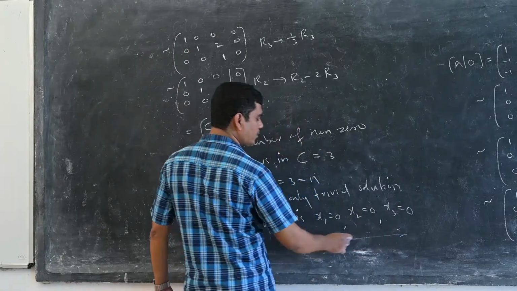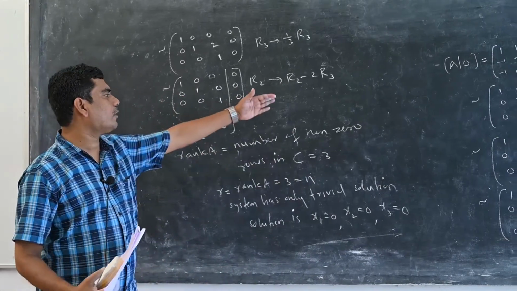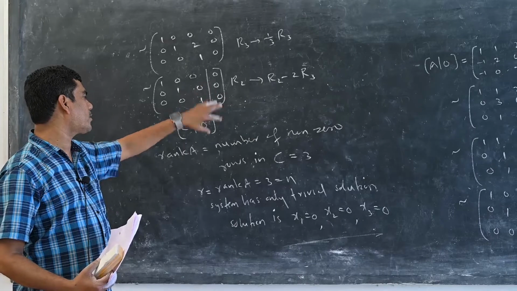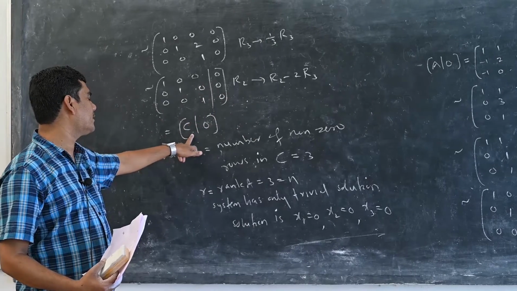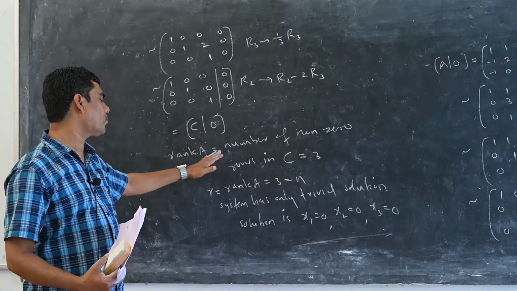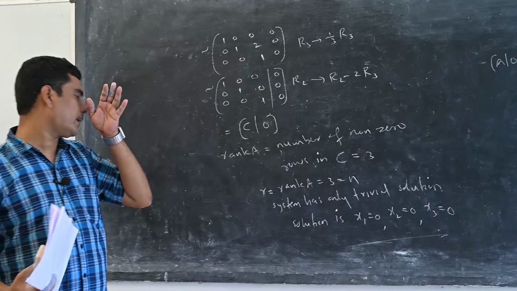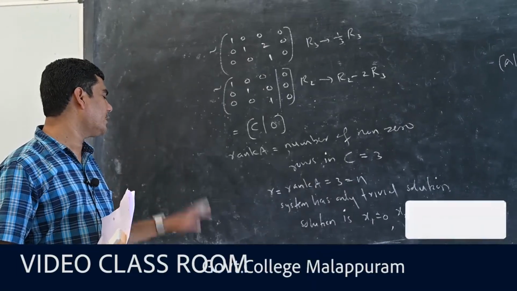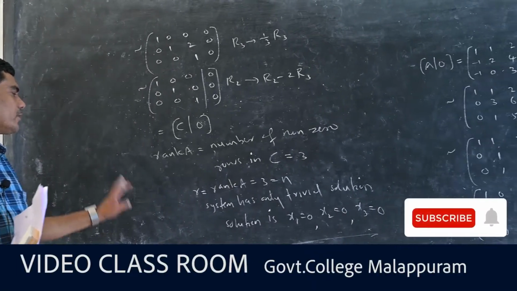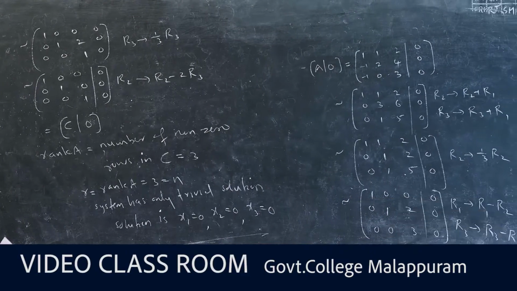So this is the solution of Ax equal to 0 and row reduced echelon form Cx equal to 0. Solving, we get x1 is equal to 0, x2 equal to 0, x3 equal to 0. If rank is equal to n, then the homogeneous system has only trivial solution.